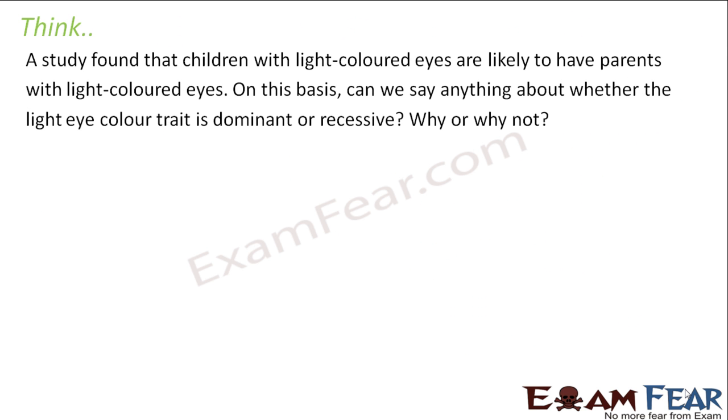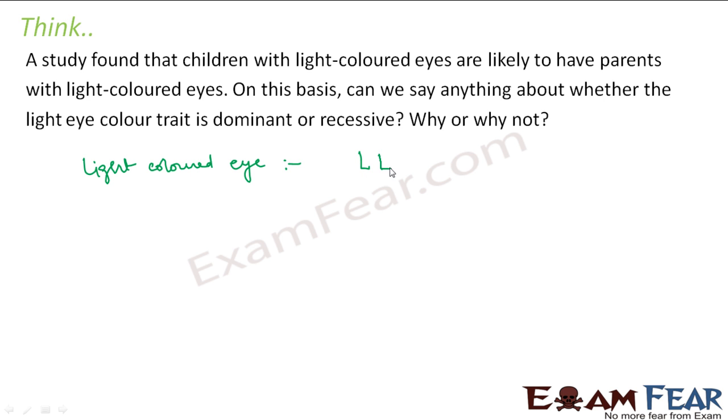A study found that children with light colored eyes are likely to have parents with light colored eyes. On this basis, can we say anything about whether the light color is a dominant trait or a recessive trait? Why or why not? First of all, when I say light colored eye, how can it be denoted?